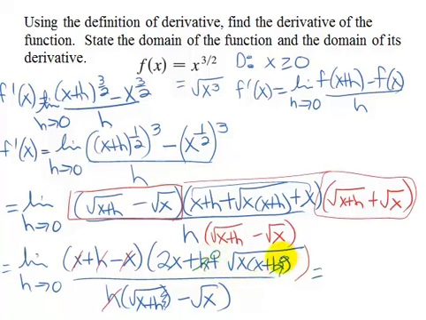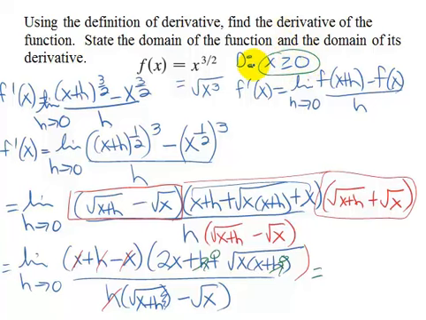This h is going to go to 0. So here we have 2x, and here we have the square root of x squared. Now I have to be careful if the x is positive or negative. We have that absolute value, but wait, we have actually our x is going to be greater than or equal to 0. So this is going to become another x, and we're going to have 3x in the numerator.